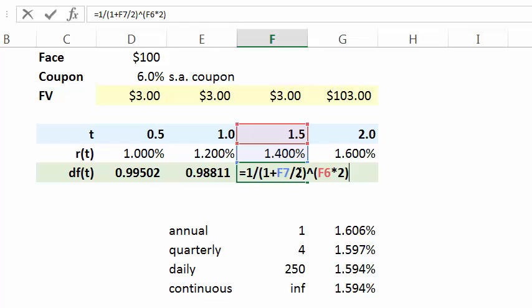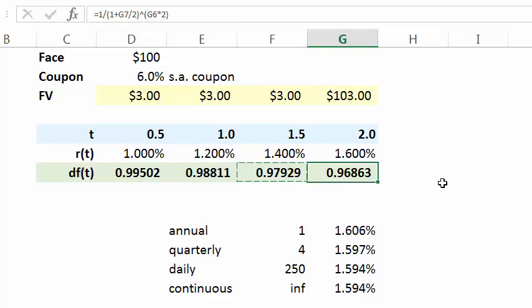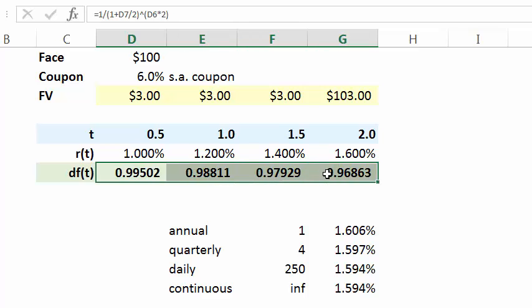So divide by 2 here is consistent with multiply by 2 here under a semi-annual compound frequency assumption. And that gives me my discount factor at 1.5 years, and here's my discount factor at 2 years. So each time horizon has a discount factor, and the set of those is the discount function.